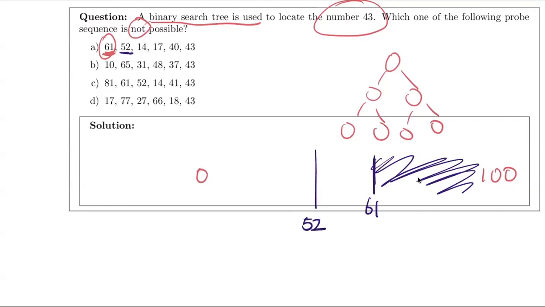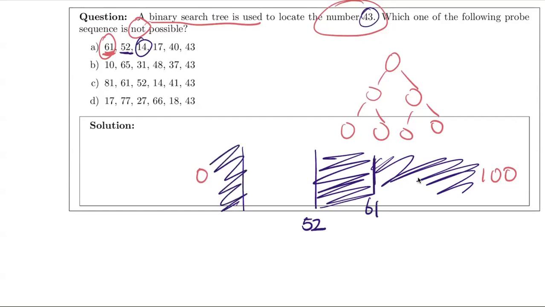And we see the third number we have is 14. 14 is smaller than 52, so we discard the right-hand side of 52. Then we compare 14 with 43. Because 43 is larger than 14, we discard the left-hand side of 14.